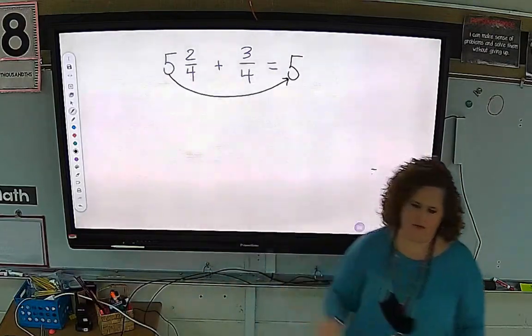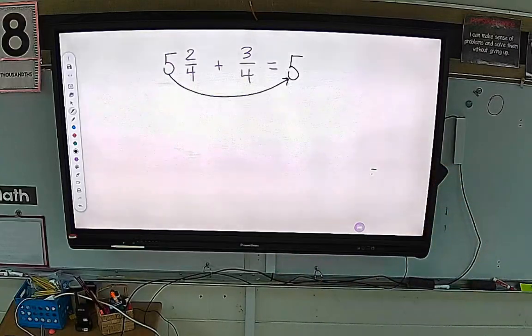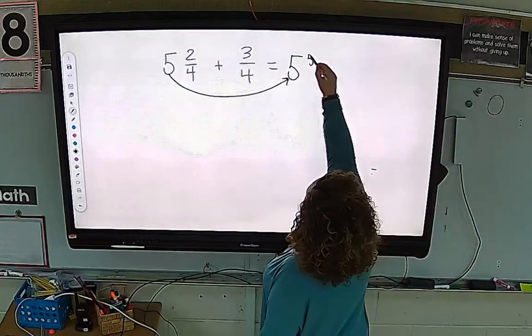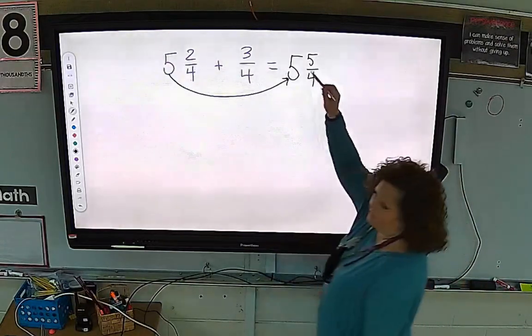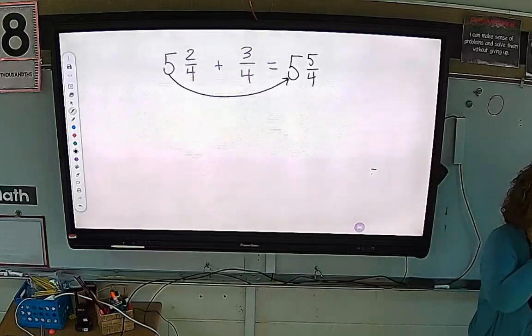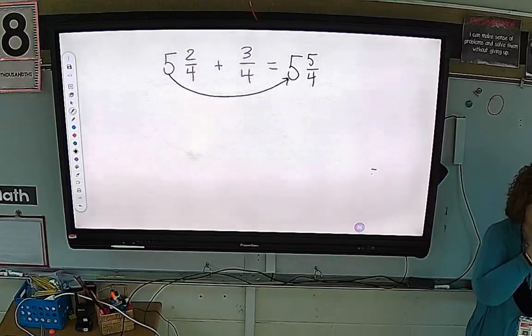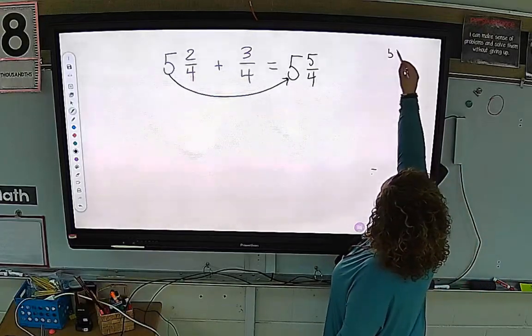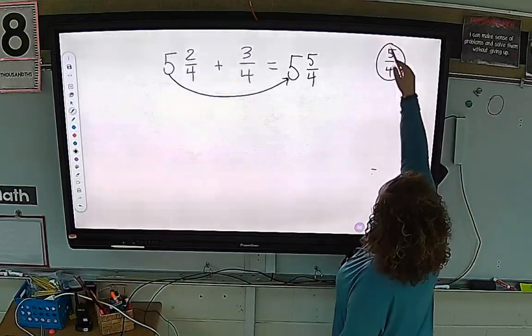And then when we add those fraction pieces, what are we going to get? 5/4. Can we leave that like that? No. Okay. So you'd have to take that 5/4 and change it with a number bond.